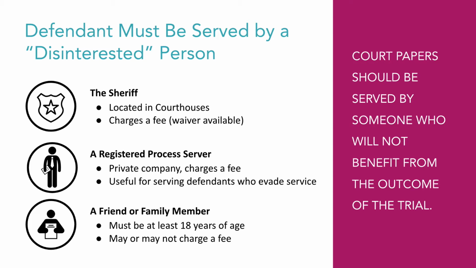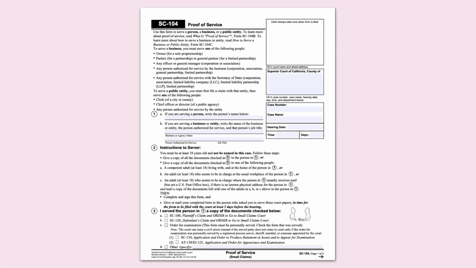If you ask a friend or relative to serve court papers on the defendant, make sure that they complete SC-104, the form for proof of service, and submit it to the court at least 5 days before the hearing date. If you request that the sheriff serve the court papers, you must provide the sheriff with 2 court-stamped copies of Form SC-100 for each defendant, along with the signed sheriff's service instructions.